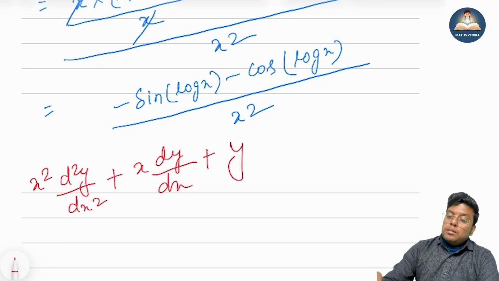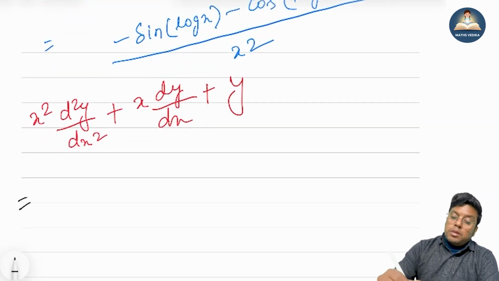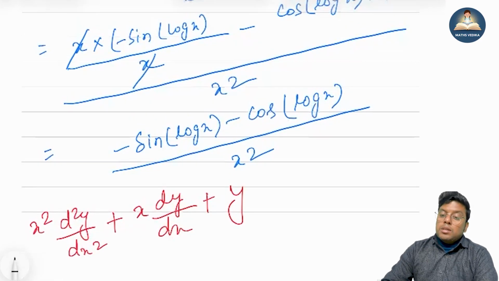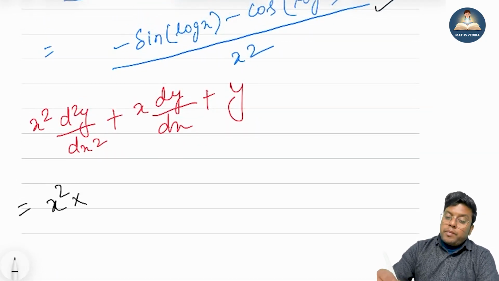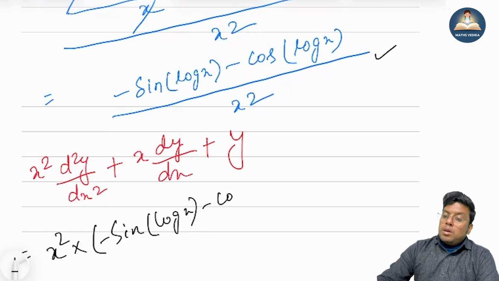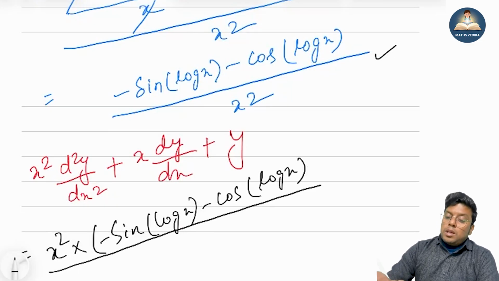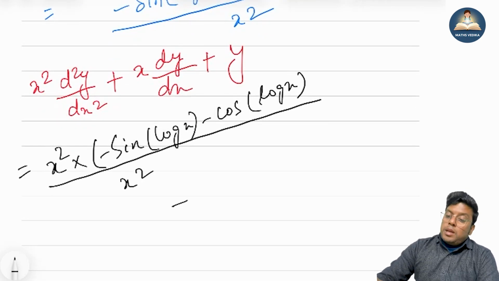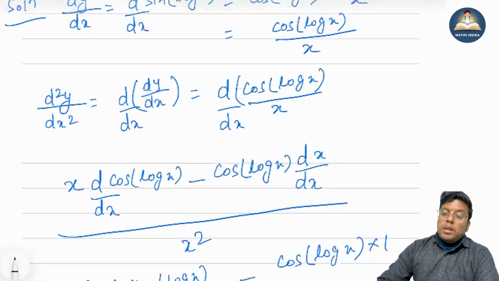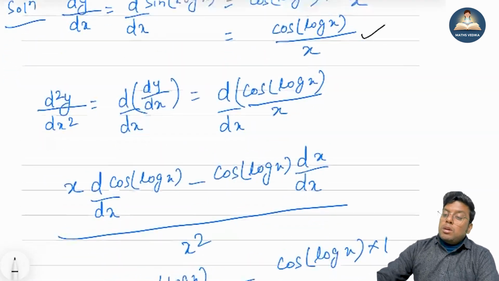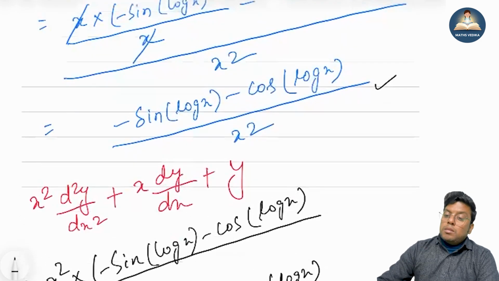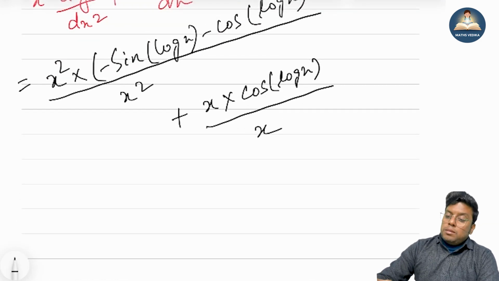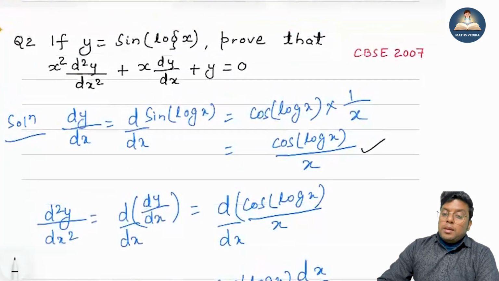Now let us put the values in x square d2y by dx square plus x into dy by dx plus y. So x square times the value of d2y by dx square, which is minus sine of log x minus cos of log x by x square, plus x into dy by dx, whose value is cos log x by x, plus y, whose value is sine of log x.